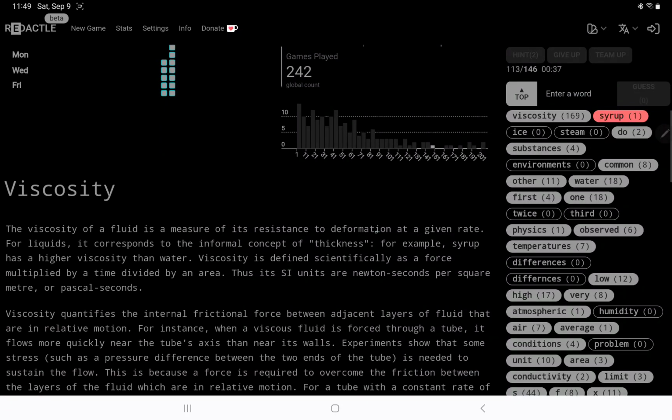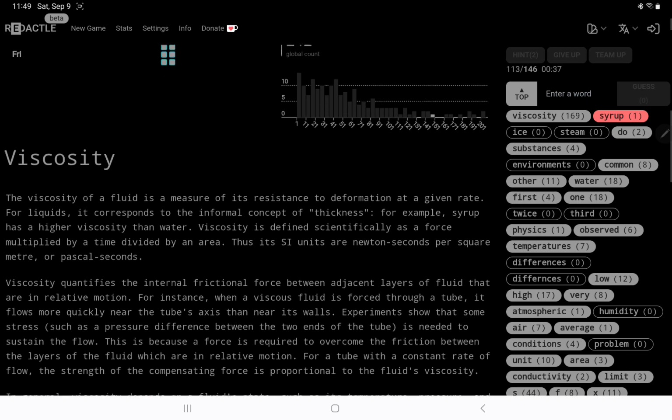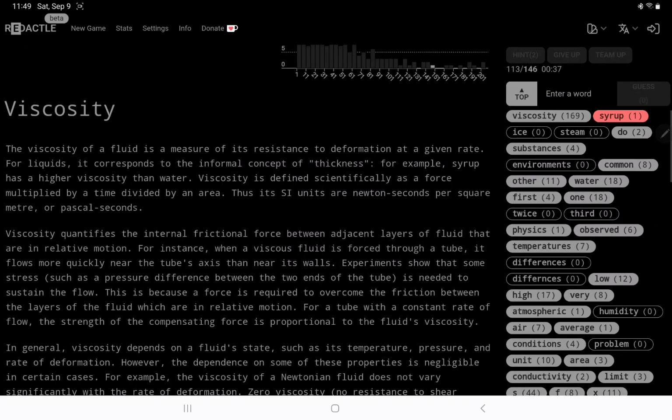Resistance to deformation. Yeah, I wonder if I had clicked on that word as my hint, would I have got viscosity? I don't think so, or it would have taken me a lot longer. Informal concept of thickness. There we go.